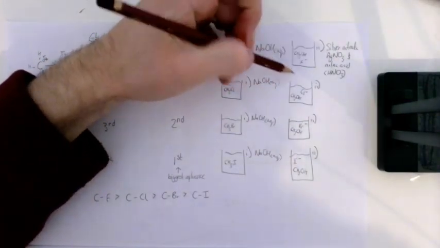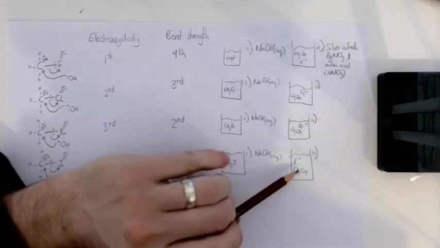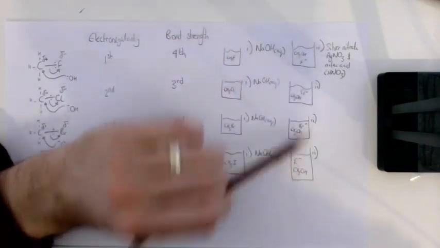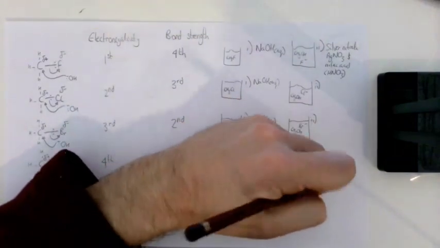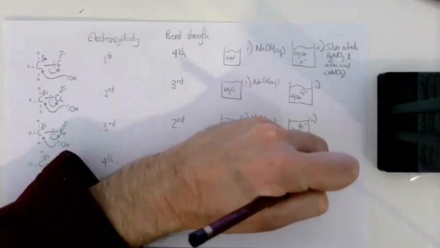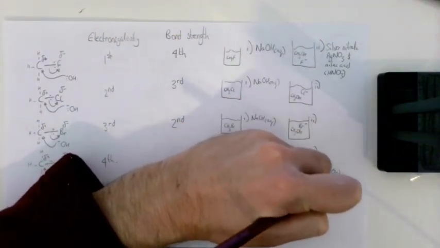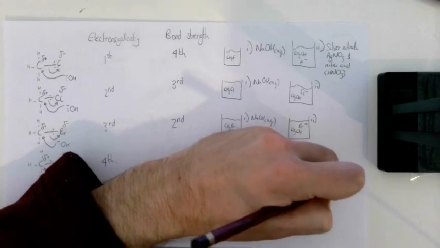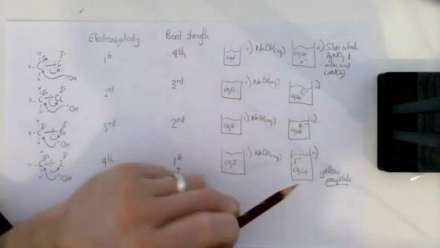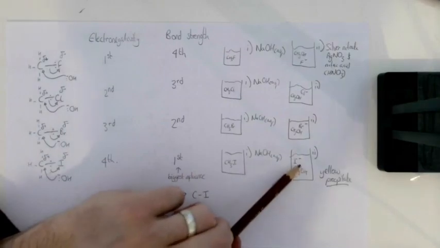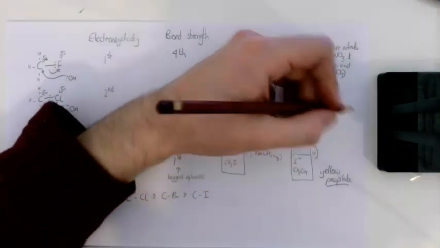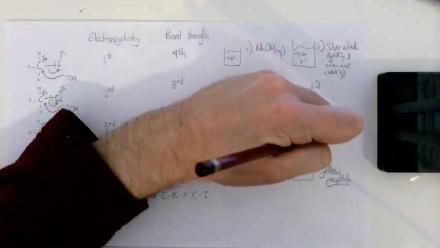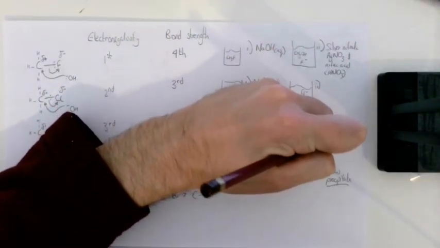If we do the same for each of those, let's start with the bottom one. So if we've got iodide ions present and we add silver nitrate and nitric acid, we'll get a yellow precipitate forming. So precipitate is just the fancy way of saying that a yellow solid will be made inside the liquid. For bromide ions, we'll get a cream precipitate.